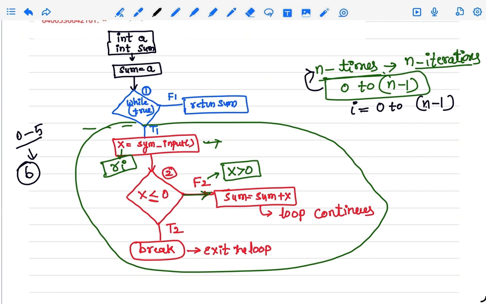So n times the loop is executed. Here the loop is executed condition, right? For F2, the loop is executed, and for T2, the condition is true and the loop breaks.